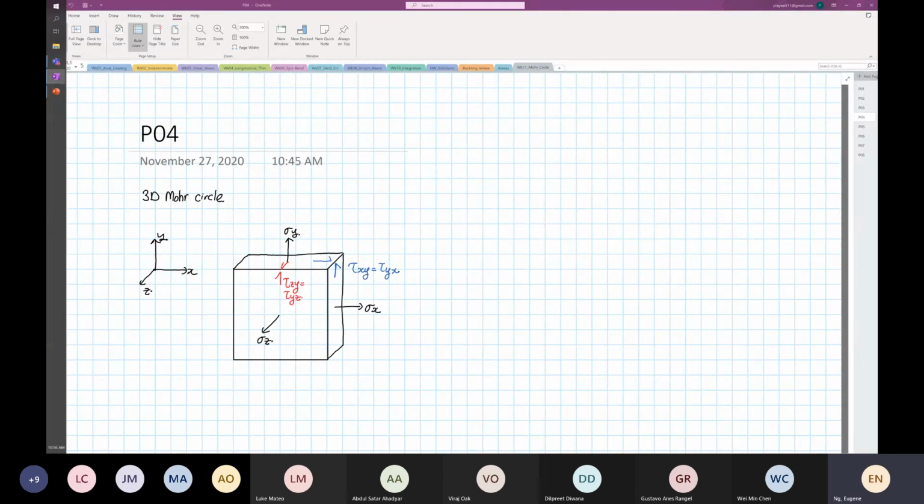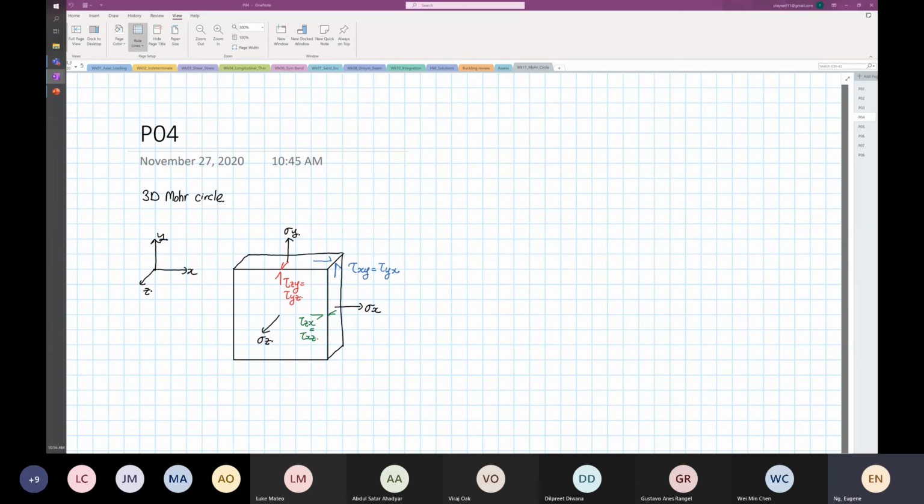And the last shearing direction is shear zx, and this is equal to shear xz.